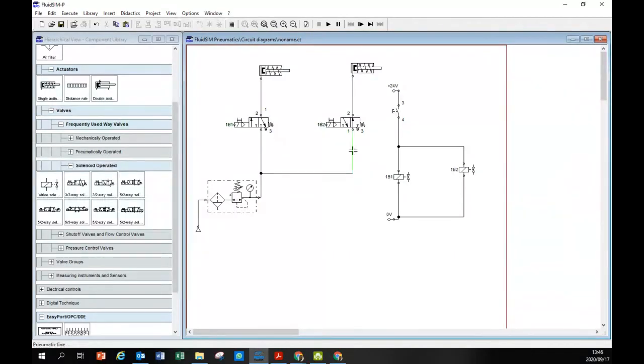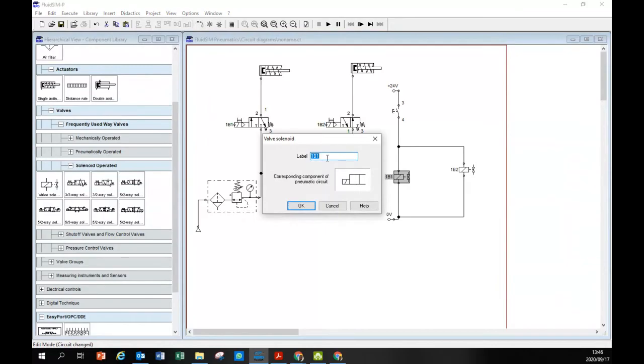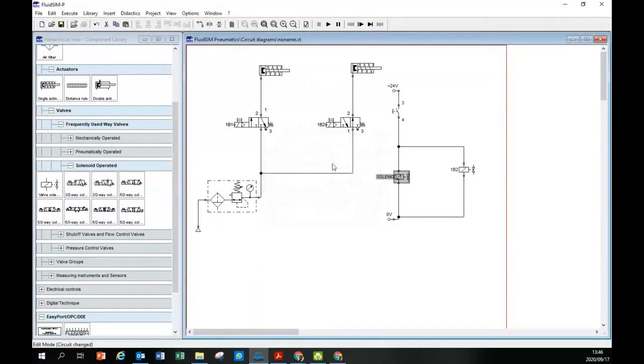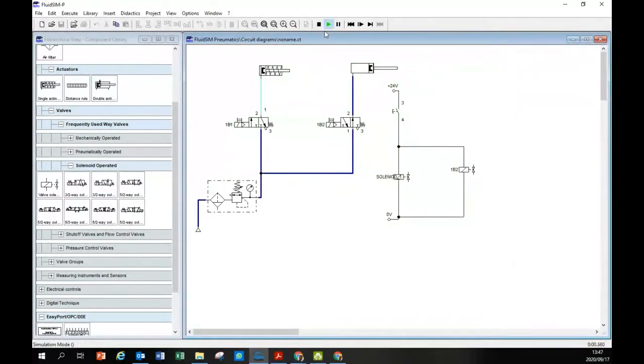You cannot run anything. If I remove the wording here, I would say solenoid. Maybe you're confused by this terminology. Solenoid 1, enter, play. You see, I'm not getting any reaction this side.